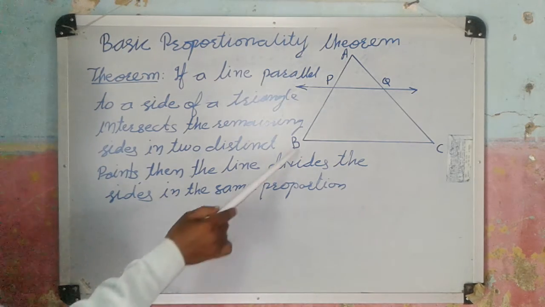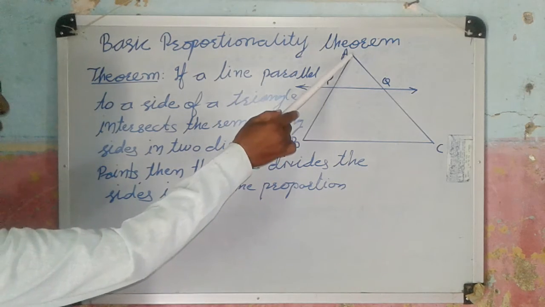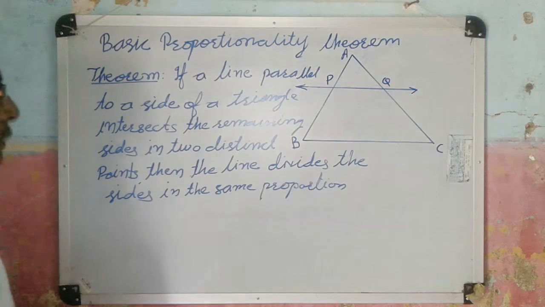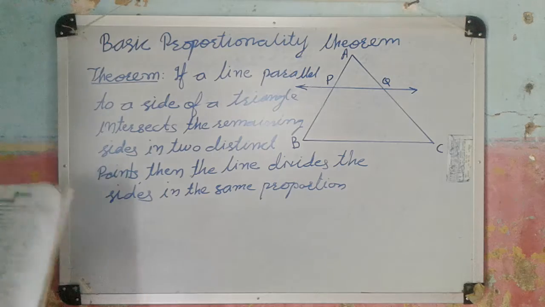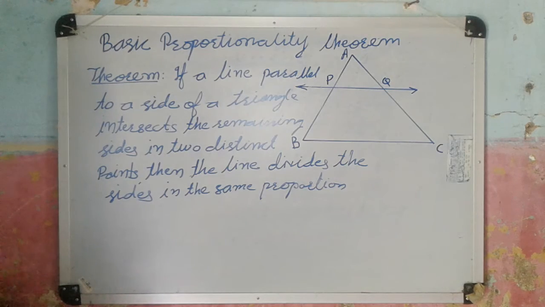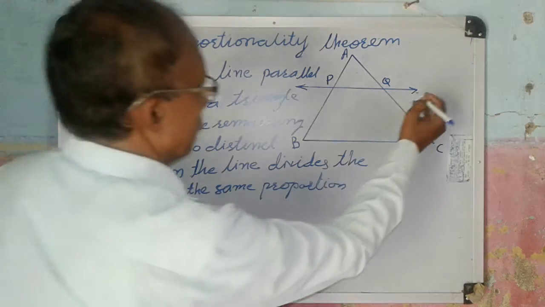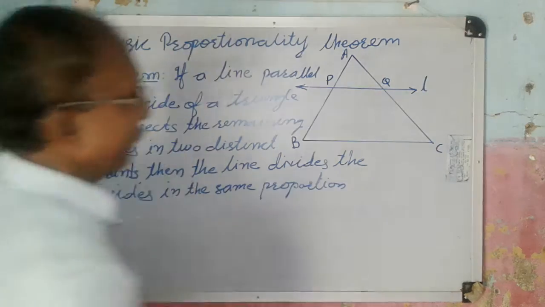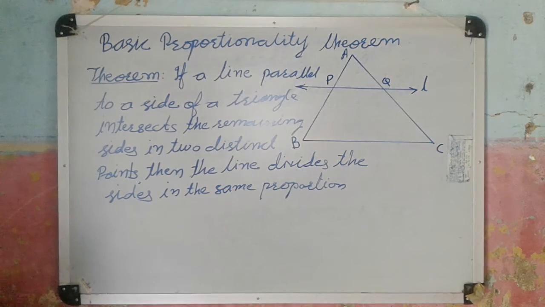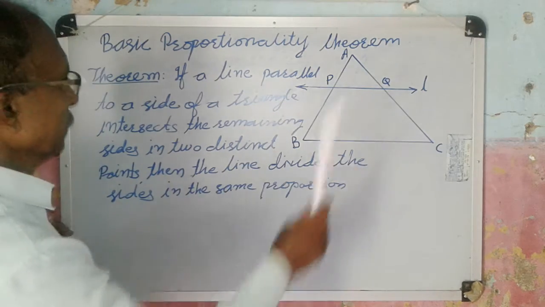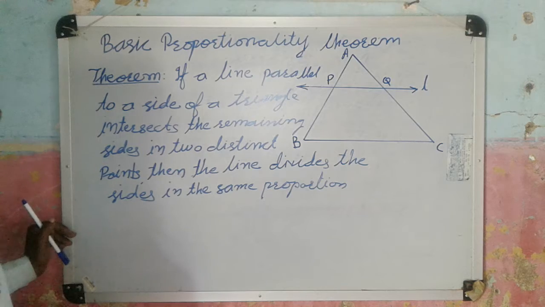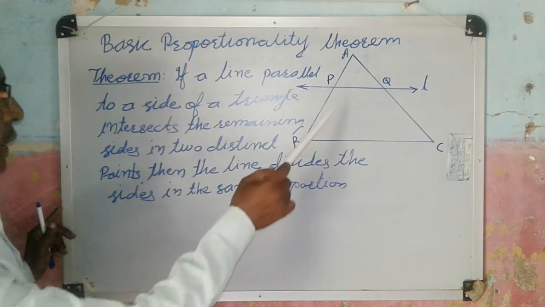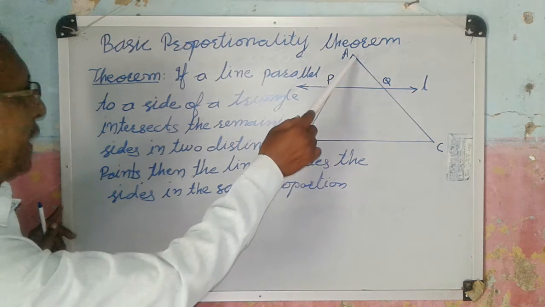So see here in this figure, in triangle ABC, this line l is parallel to side BC and it intersects the remaining two sides.